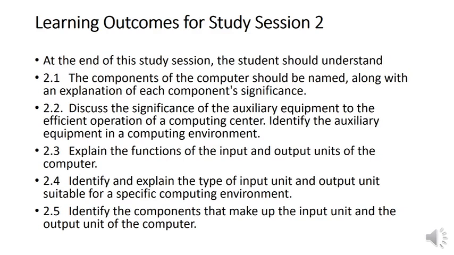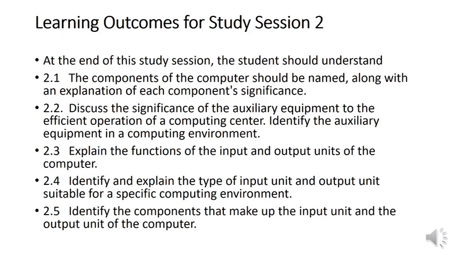So the learning outcomes are listed here. After this particular section, it is expected that the student should be able to do what? They should be able to identify the components that make up the input unit and the output unit of the computer.